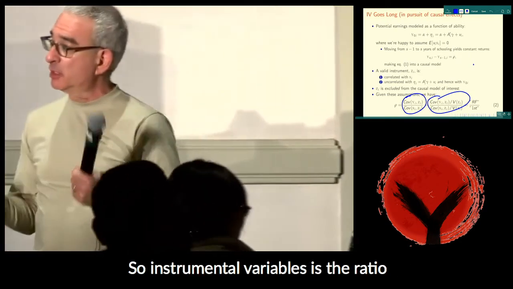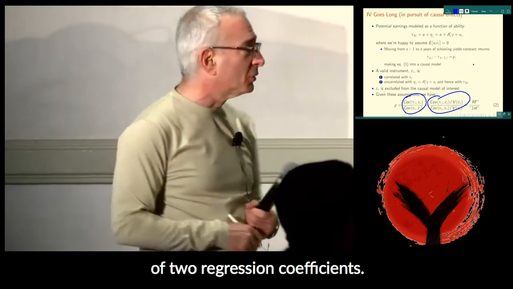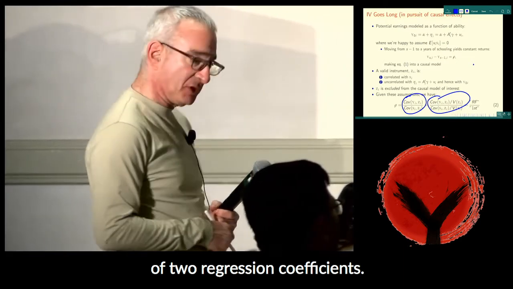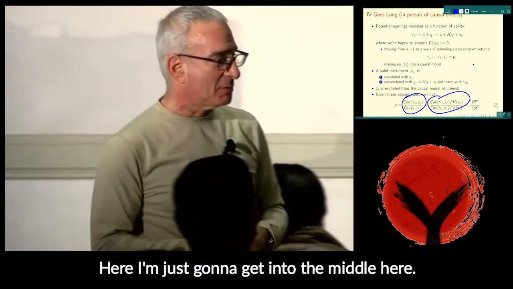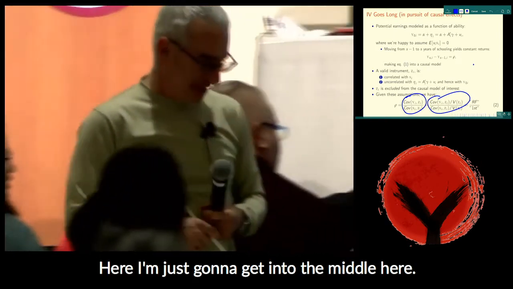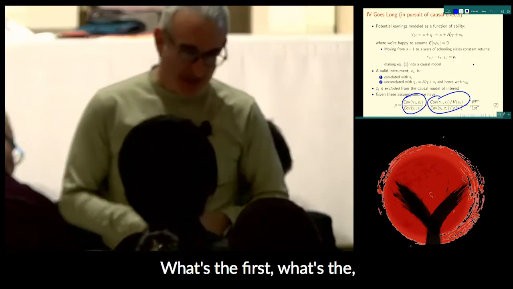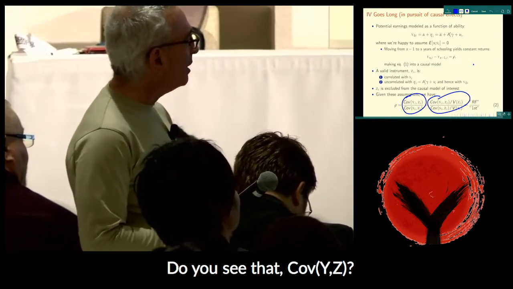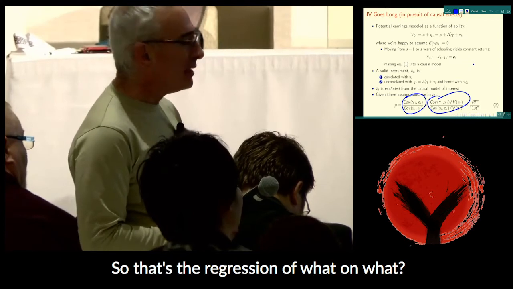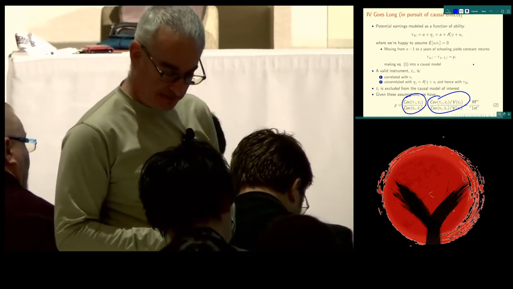So instrumental variables is the ratio of two regression coefficients. Okay, what's the first regression coefficient? Look at the second blue circle there. Do you see that? Cov YZ. So that's the regression of what on what?